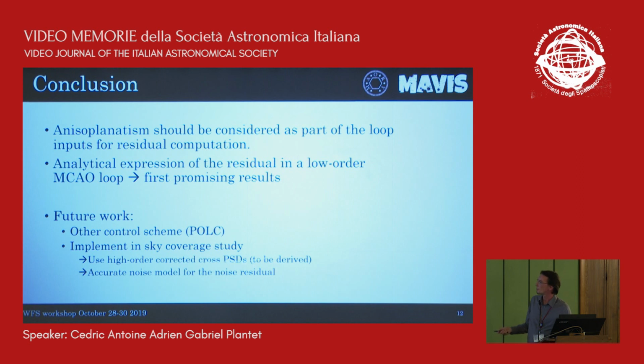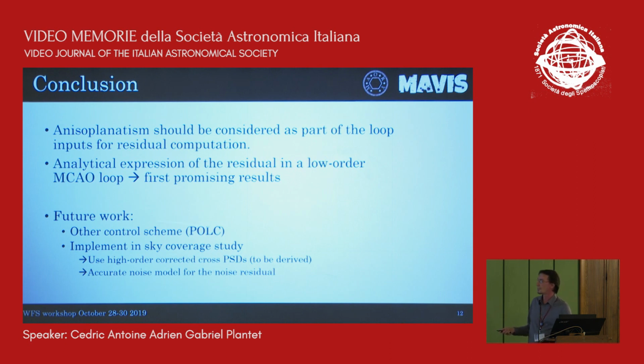So a few perspectives. We could use another control scheme. I just used the classical integrator here. But in the MCAO, we like to use the pseudo-open loop control, especially for the higher loop, so that we can also put inside an a priori on the turbulence.